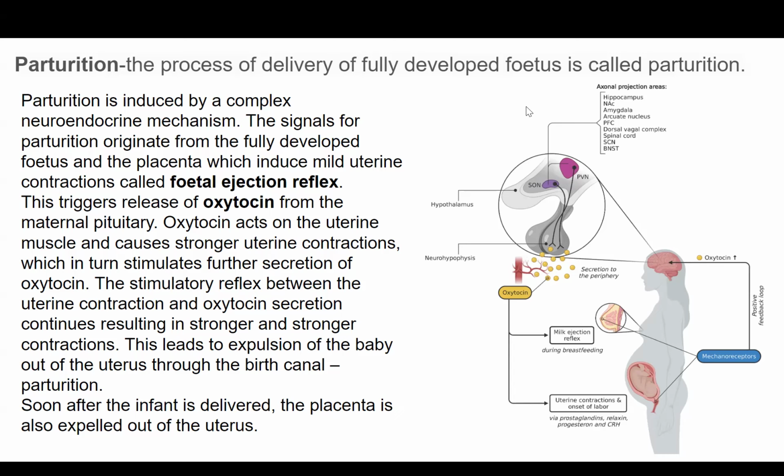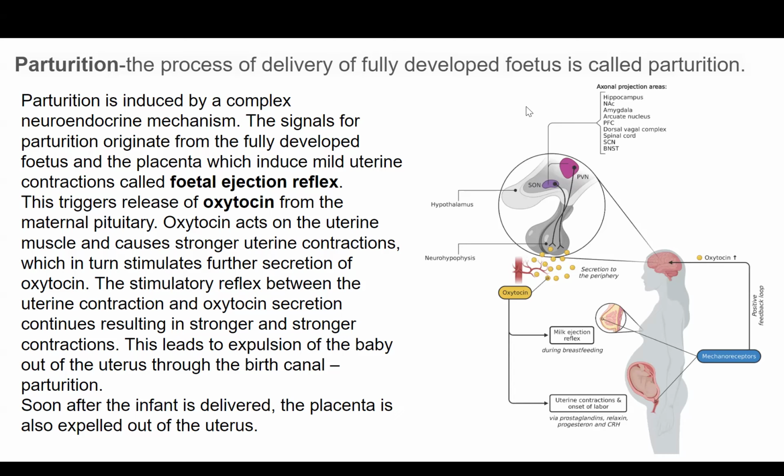What is oxytocin doing? It acts on the uterine muscles and causes stronger uterine contraction, which in return stimulates further secretion of oxytocin. So what is happening? Oxytocin has been produced because of the fetal ejection reflex. The baby is trying to come out.